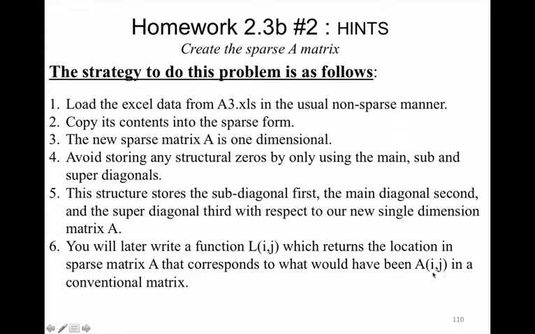So you're used to referring to everything in terms of A of ij. You're going to have to now return L of ij and pass that as a single parameter to the singly dimensioned array, unlike what we had before when we used the conventional matrix. Okay, so that should take care of step 2.